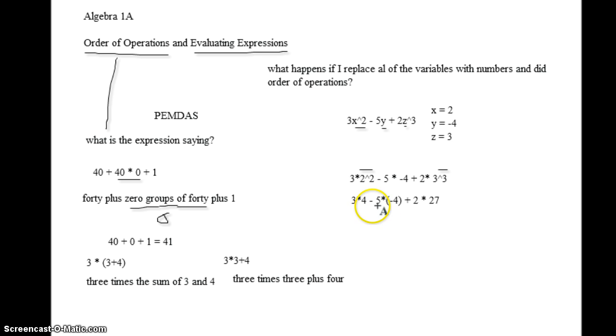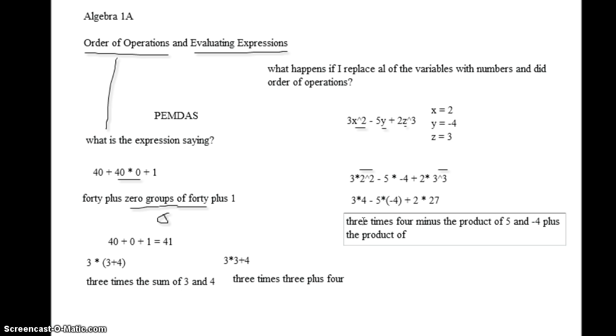Now everything's set up and I can write it out. Order of operations is just saying 3 times 4, minus the product of 5 and negative 4, plus the product of 2 and 27.